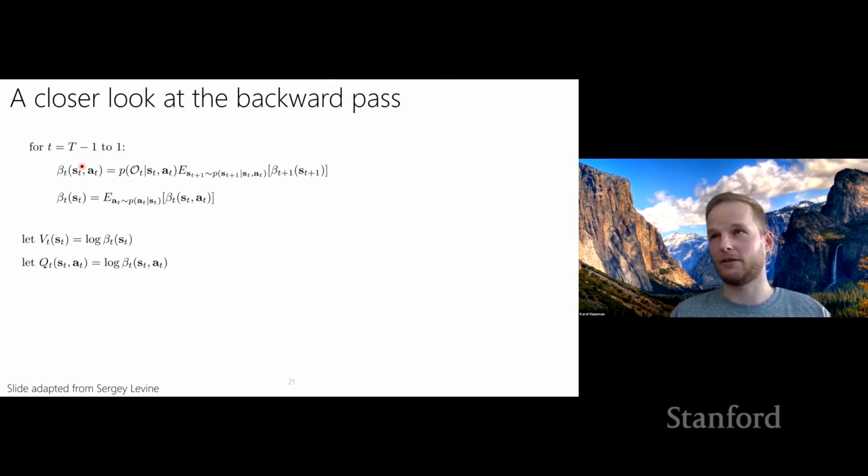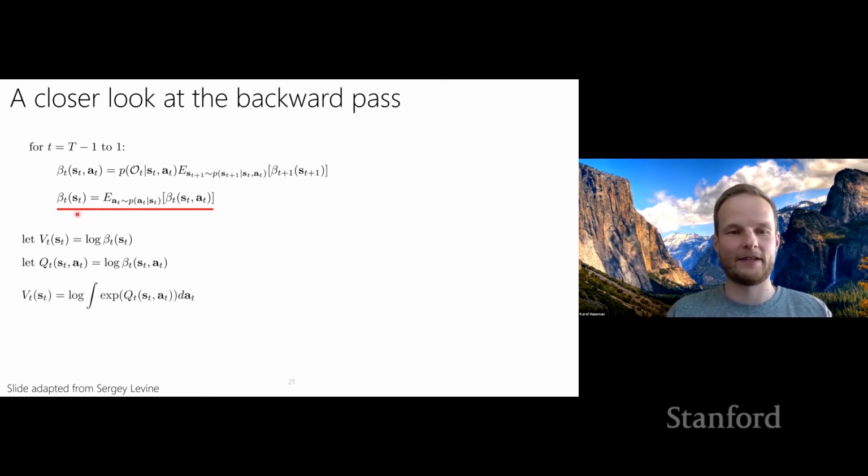This is kind of a random assignment that I just made up. Let's try to run with it, and let's try to replace that equation with that assignment and see what we get. Or actually, sorry, let's start with this equation right there. If we do that replacement, we'll end up with something that looks like this. Our V_t of s_t is equal to the log of the integral of the exponential of Q_t of s_t, a_t over all the actions a_t.